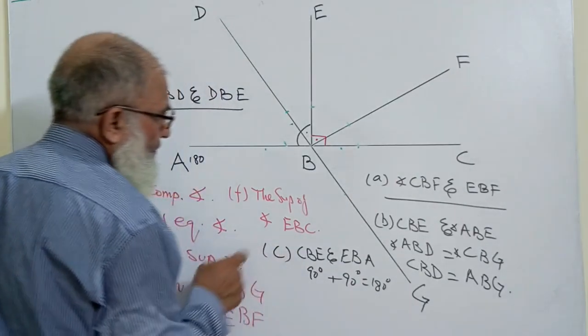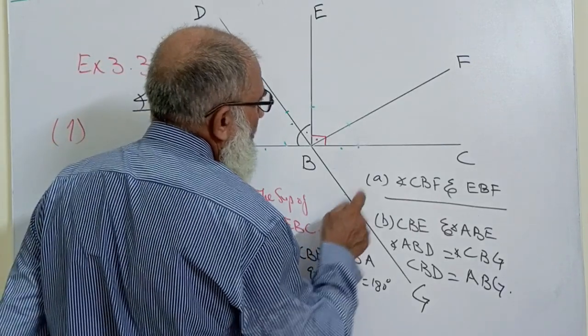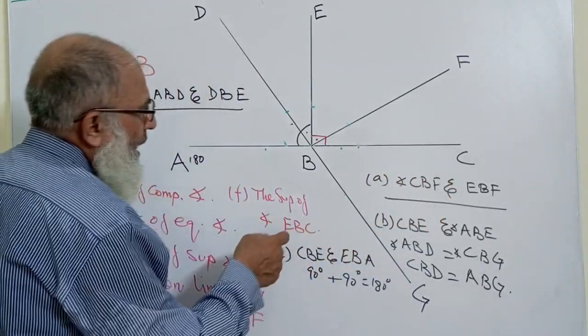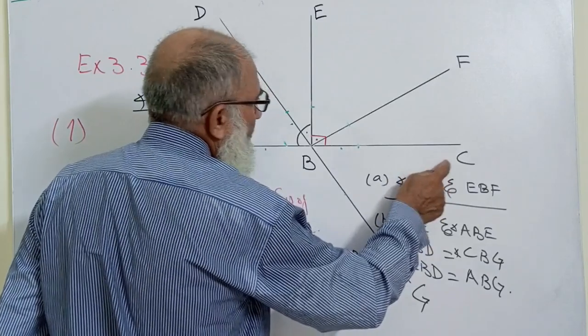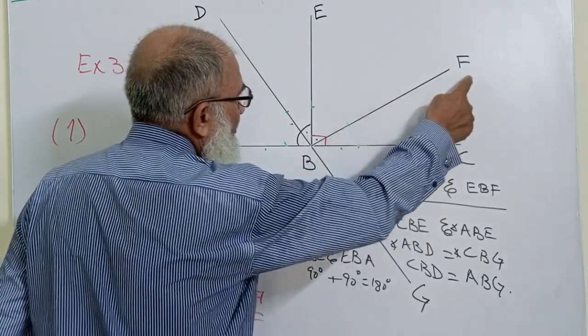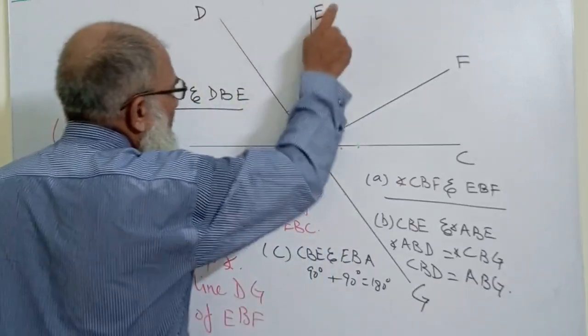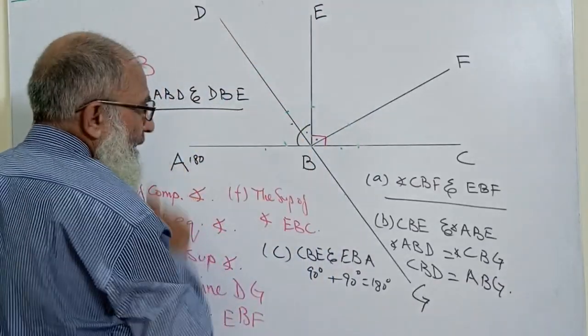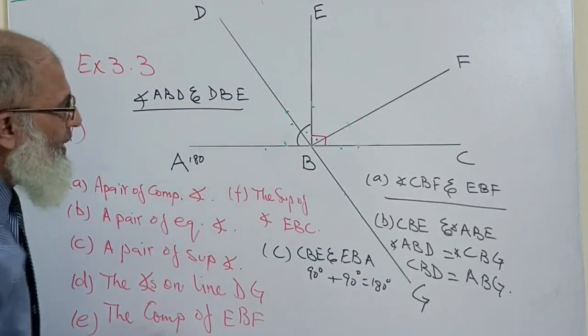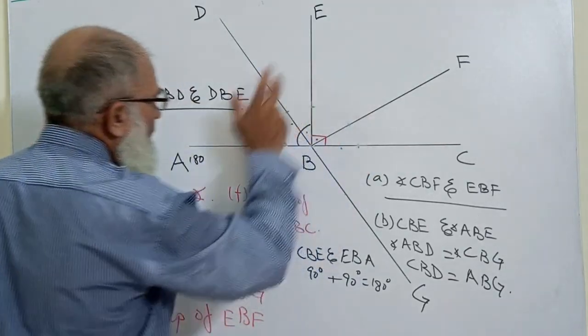Now there are more. You see that angle CBF, FBD, EBD and DBA also constitute all these four angles: 1, 2, 3, 4.